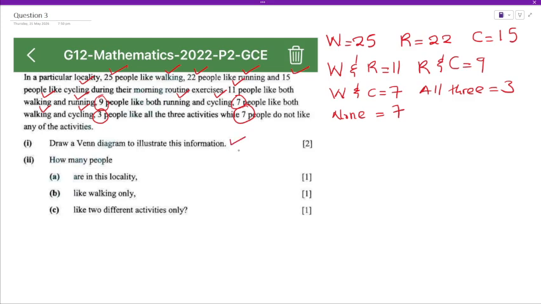Okay, so remember we always start from the center. Because we have this part for all 3 activities, it simply means your sets are intersecting at one point. All 3 sets are intersecting at one point. So we can go ahead and draw our sets. So this should be big enough.